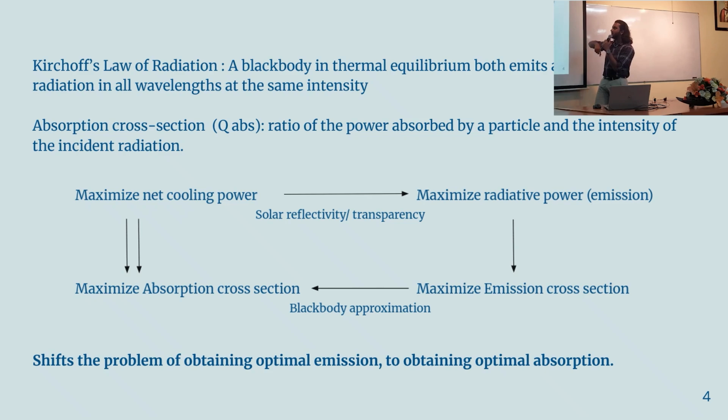So that is what we actually need to do in this field. What has actually happened is I have shifted the problem of obtaining optimal emission, that is what we need to get, to obtaining optimal absorption. So all my subsequent calculations and arguments are about maximizing absorption.